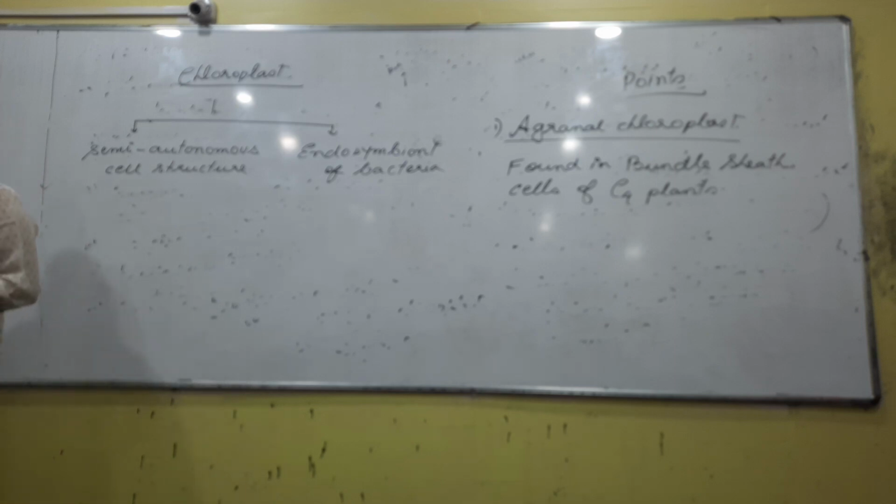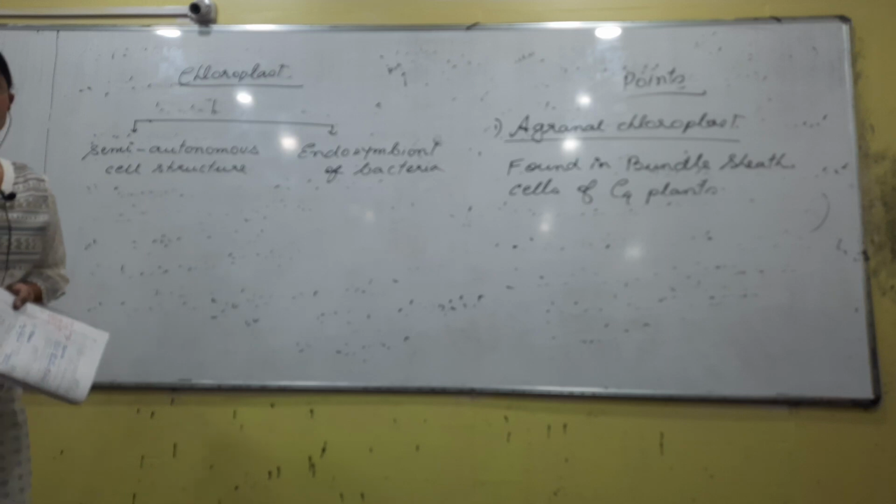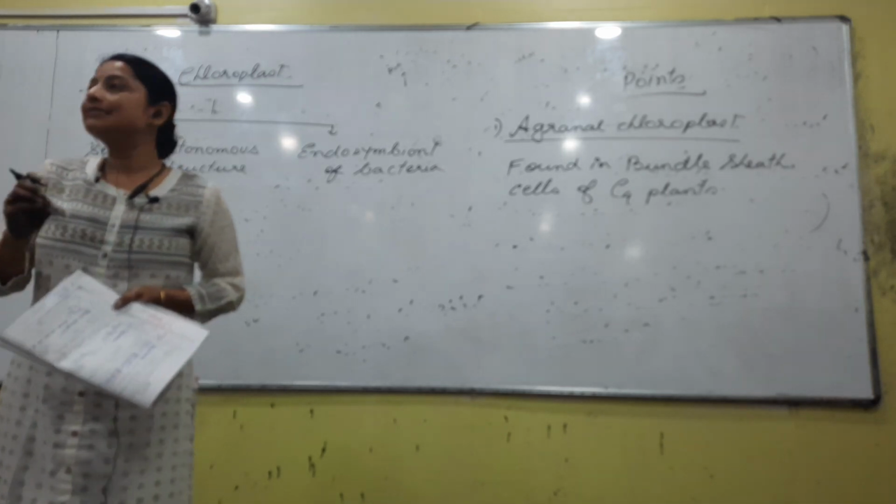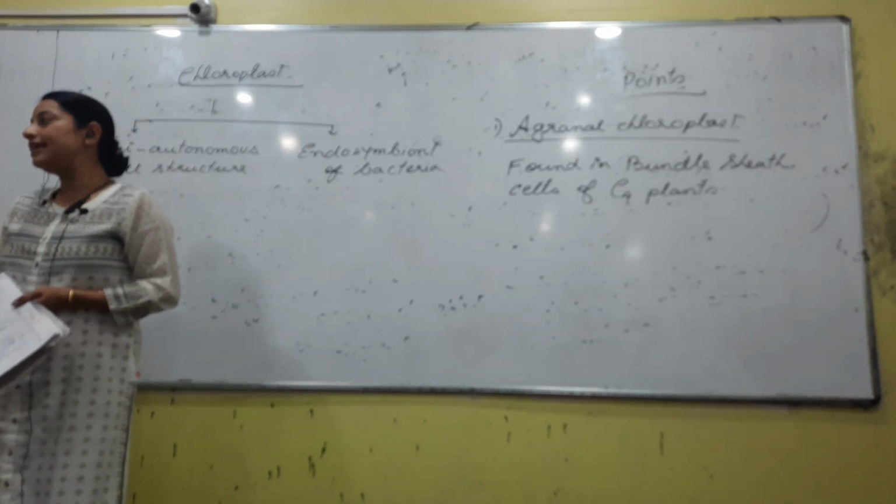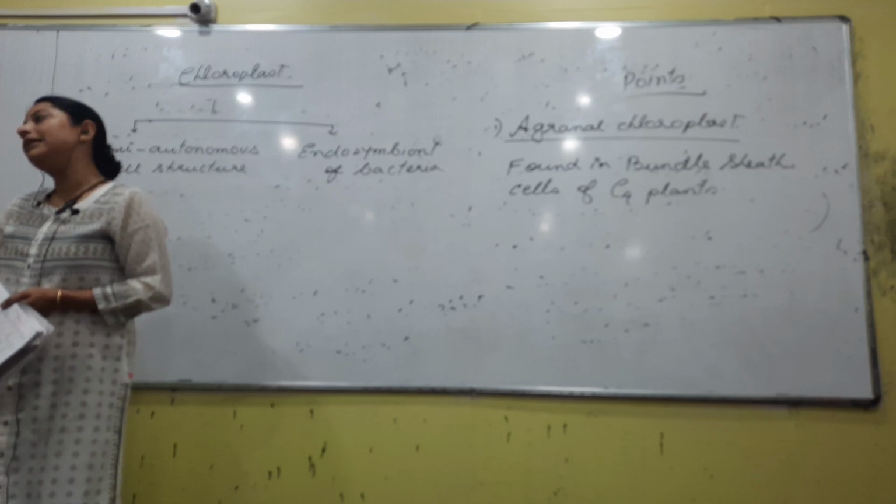In the light reaction it takes light, and in the dark reaction it prepares food. Different plants prepare food in different methods. Similarly, some plants are categorized as C3, some as C4, some as CAM plants.